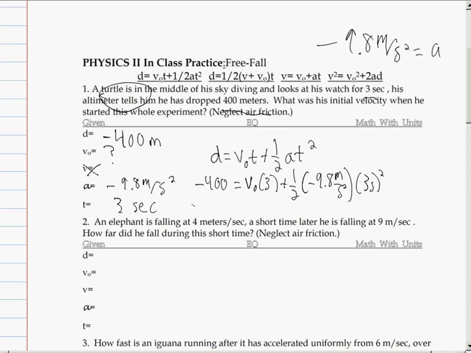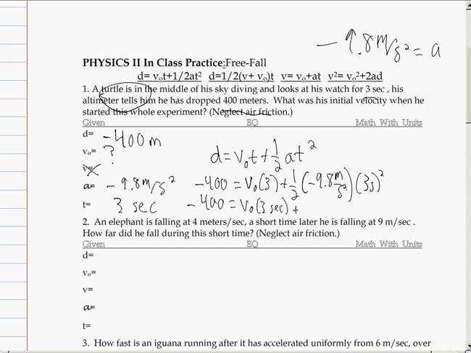Well, this will be negative 400 equals v0 times 3 seconds. Sorry, I left that out. Plus 1/2 times 9.8, that's 4.9, times 3 squared, that's 9.